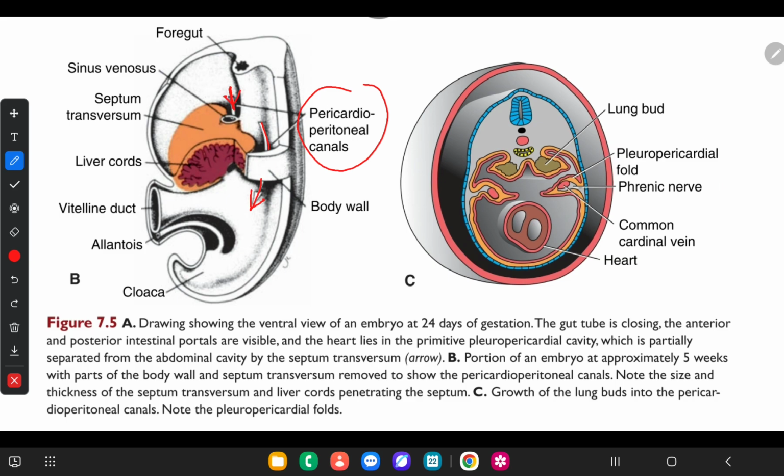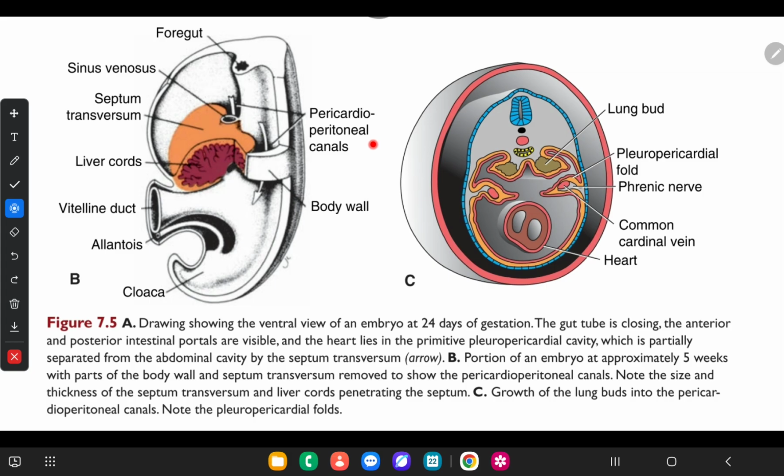So you can see this is the foregut, and on either side of the foregut there are two canals, the pericardioperitoneal canals.